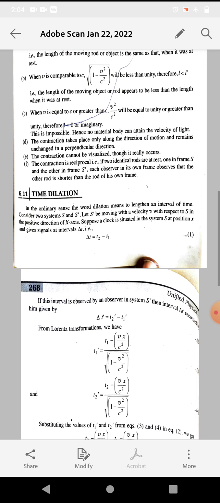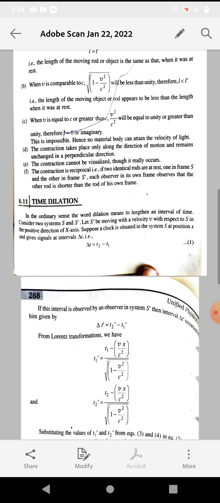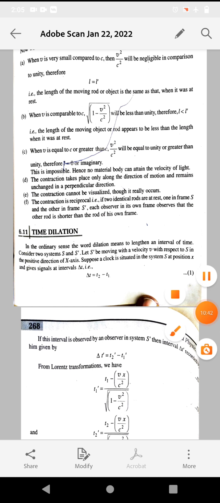Whenever an event occurs or a clock is kept in the S dash frame moving with some velocity, when the observer observes the time in the S dash frame, whether S dash is at rest or moving, there is a time dilation. That means the time interval increases. So we will discuss it in a later class.